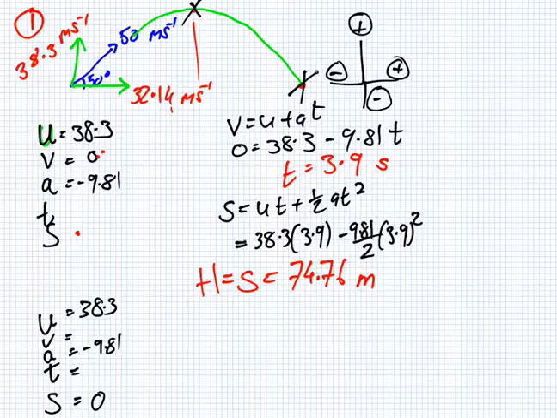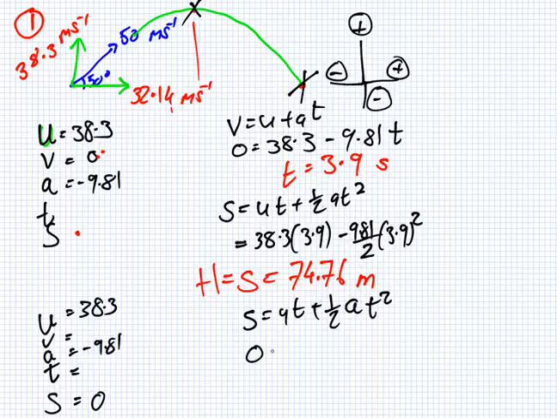So for the next part, U V A T S. Right, so U is 38.3, V we don't know, A is minus 9.81, T we don't know, and S is 0. That's for this part now, to here. So I'll use my formula, S equals UT plus a half AT squared.